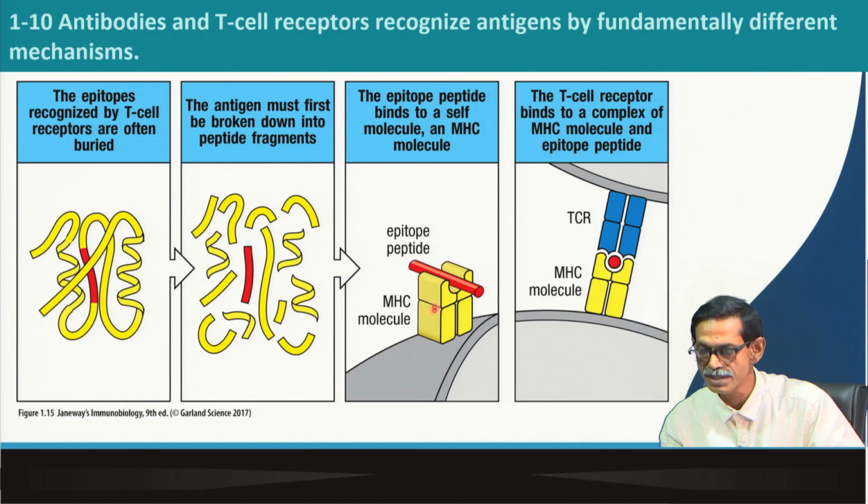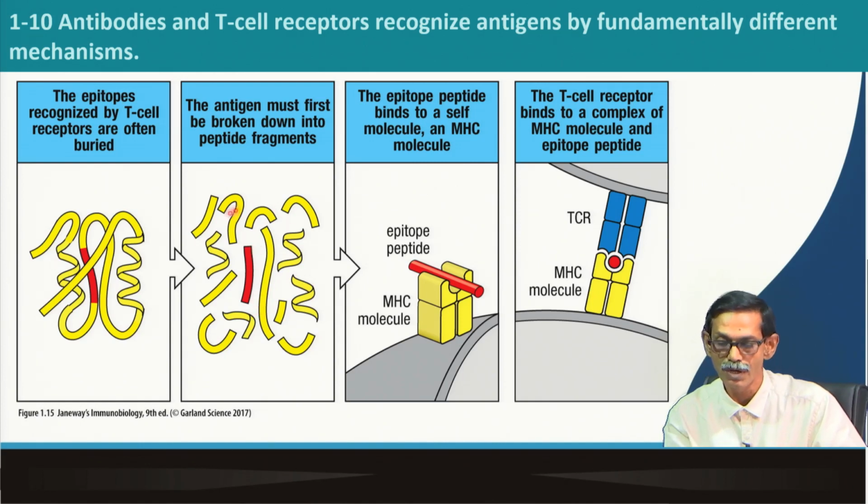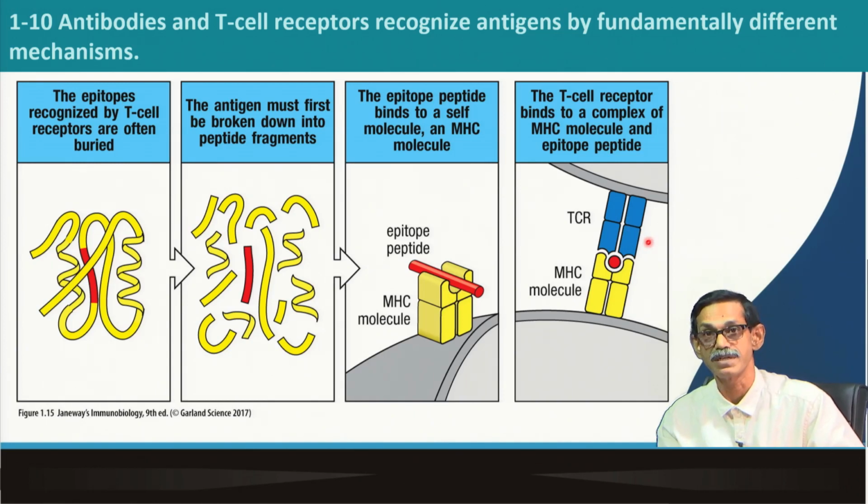So, this MHC has a space, a cleft, and that cleft will be occupied by the epitope. The antigen will be processed into pieces, and one of these pieces will go and bind to the peptide binding cleft of this MHC molecule, and the T cell receptor can recognize this antigen.